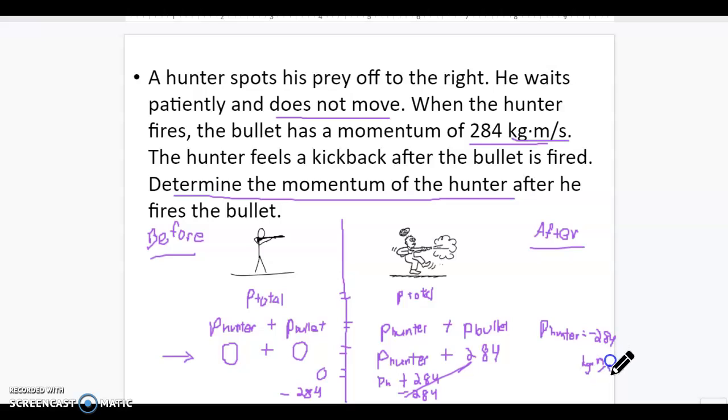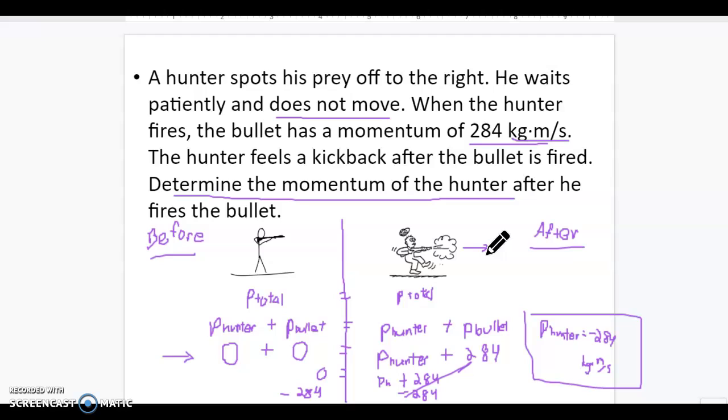Again, some people get weirded out when they see an answer like this. You get a negative answer, but remember that when we're talking about momentum, this negative sign is really telling a direction. Because if the bullet gets fired and it's going to the right, if you've ever seen hunters fire rifles, a lot of times you'll see them do this kickback.